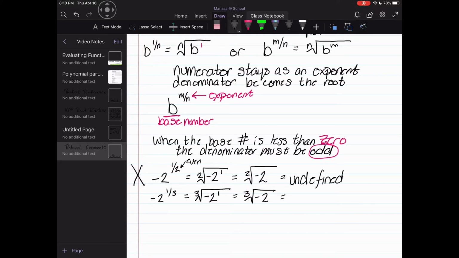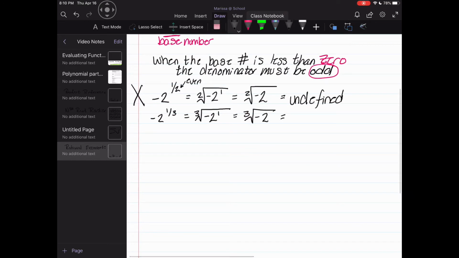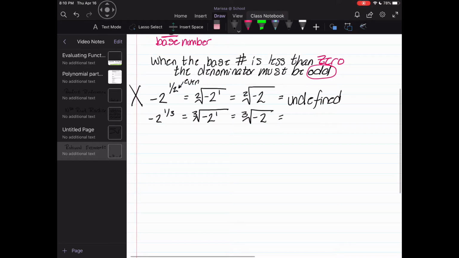So what we're going to do first is we're going to just work on going back and forth with these things. So if I was to give you 28 and make my exponent 1/2. Remember, your numerator stays as your exponent, and your denominator becomes the root.